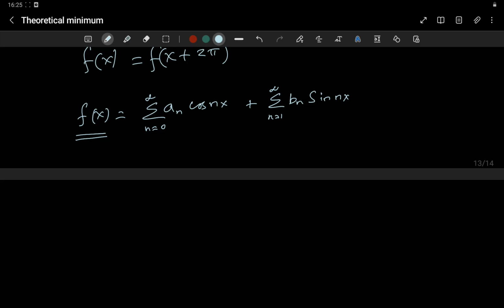0 to 2 pi or minus pi to pi, any interval. That means for cos x and sin x, those two functions, or sin nx and sin mx, take the integral, let's say, from minus pi to pi, dx. What is this?